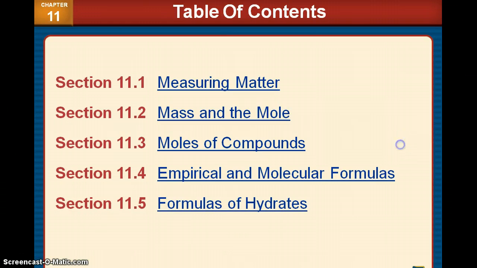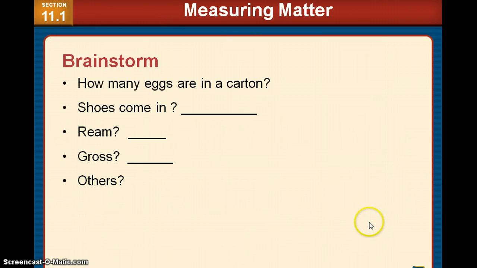So section 1 is about measuring matter. If we think about when we measure things, think about how many eggs are in a carton. How many eggs are there? Well, we know that there are 12. We also know that shoes come in pairs.